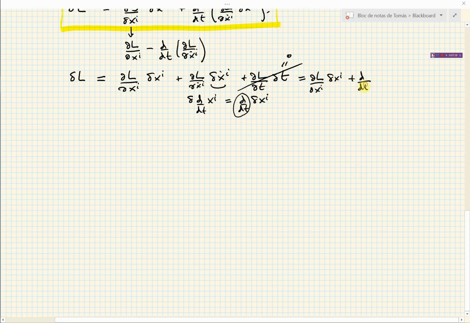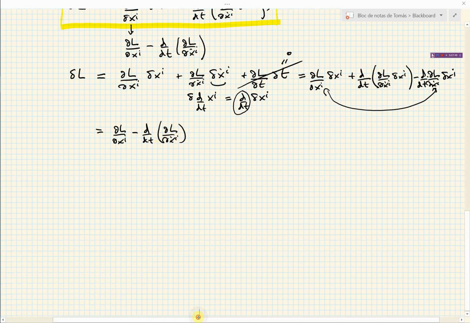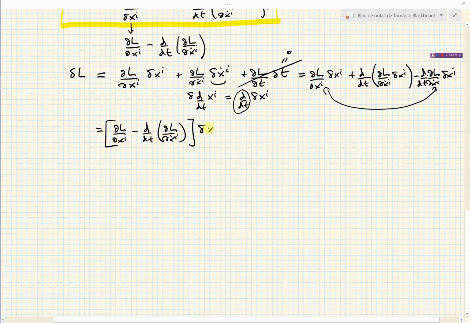Then this is the derivative of the product, partial L partial x dot i delta xi, minus d dt of partial L partial x dot i, times delta xi. I collect the terms that are proportional to delta xi, and then I have the total derivative, and this is just the result that I wrote above.